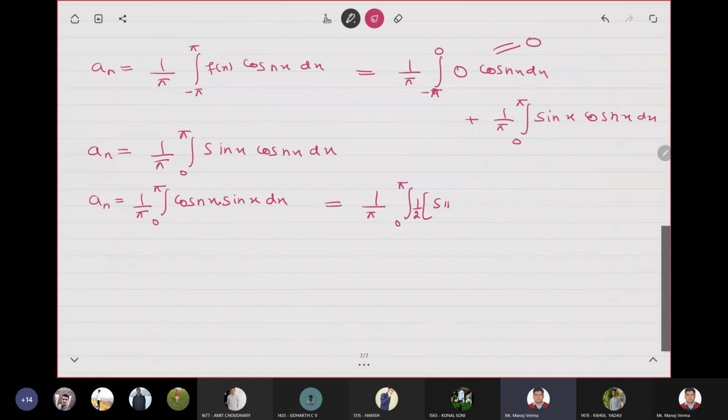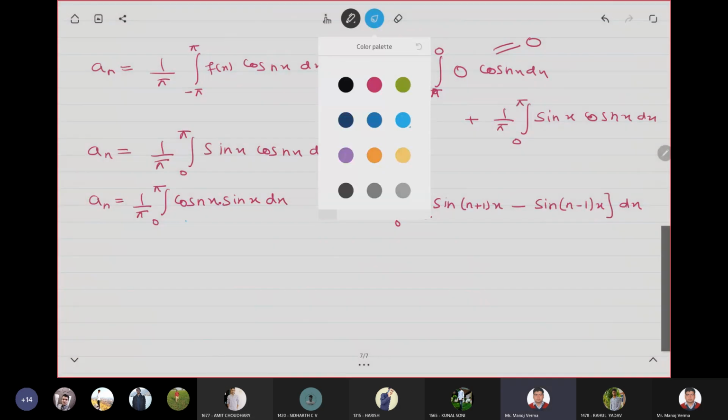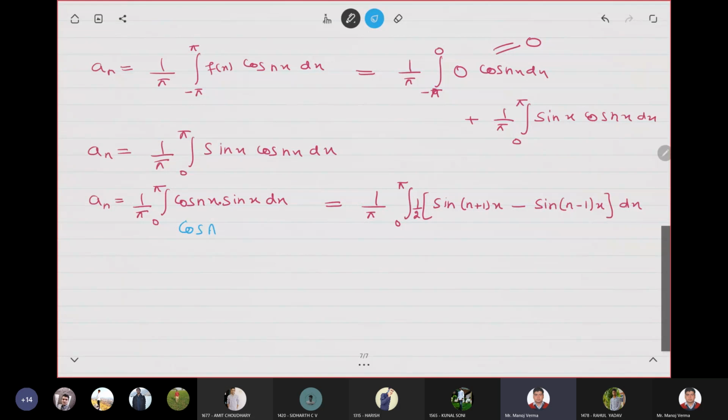Cos a sin b can be expressed as sin (a plus b), n plus 1 x, minus sin (a minus b), that will be n minus 1 x, dx. Okay, so this I have applied here. I have applied formula for cos a sin b is equal to 1 over 2 [sin a plus b minus sin a minus b].